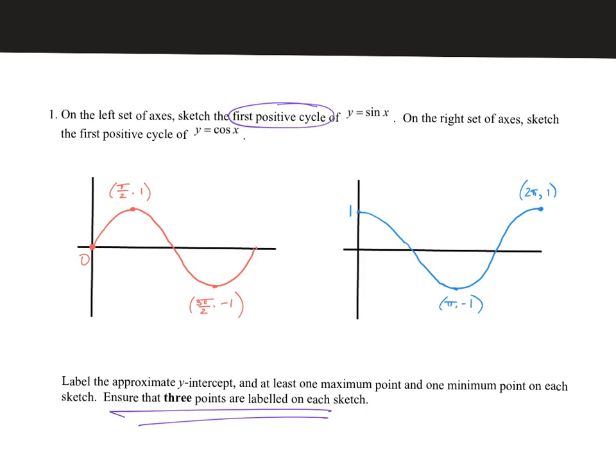You'll notice that you have one max and one min labeled and the y-intercept. If a max or a min happens to be the y-intercept, then we have to make sure that we have one other one labeled. If we have all that done, you've got some formal sketches.